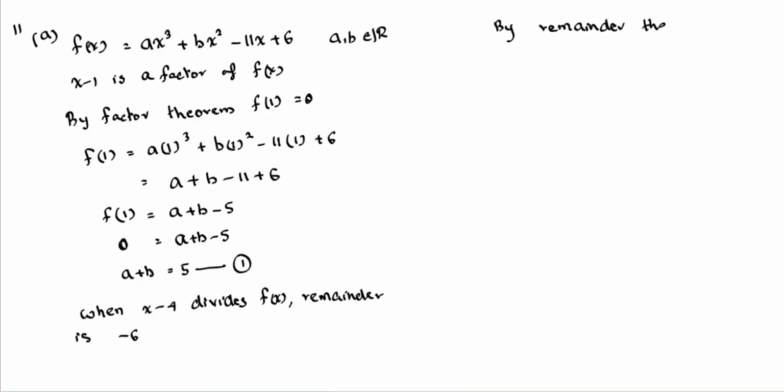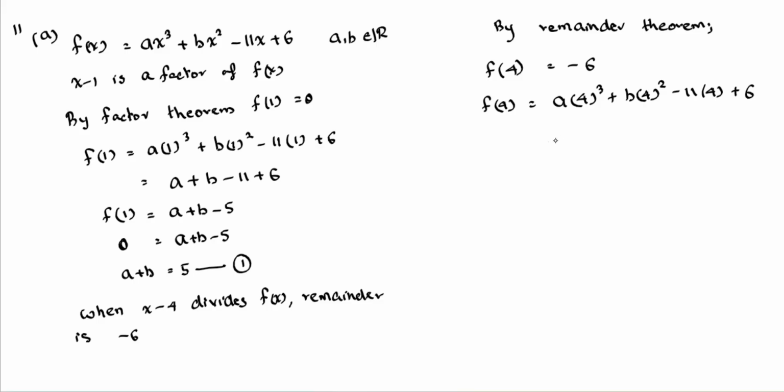By the remainder theorem, f(4) should be equal to minus 6. So f(4) equals a times 4 to the power 3 plus b times 4 to the power 2 minus 11 times 4 plus 6.